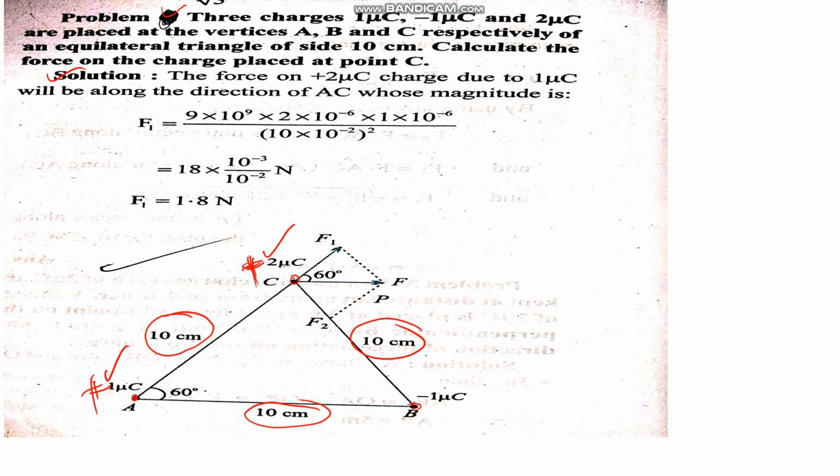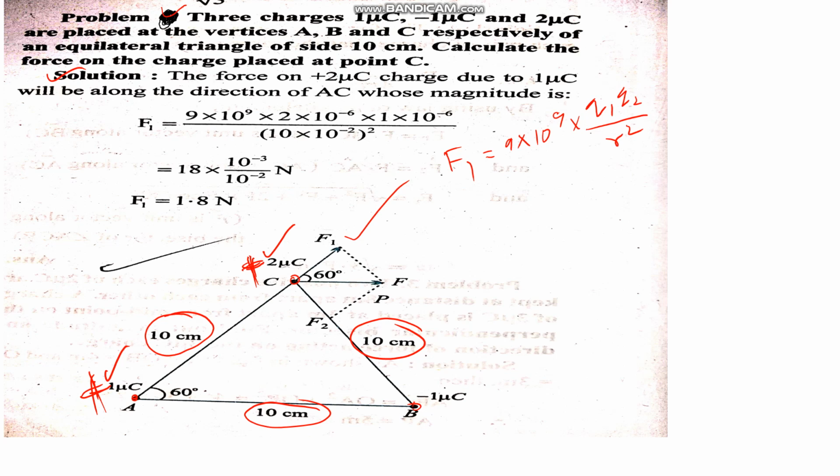That means the electrostatic force acting between them is repulsive in nature. So for F1, we have to apply the formula F1 is equal to 9 into 10 power 9 Q1 Q2 by r square.